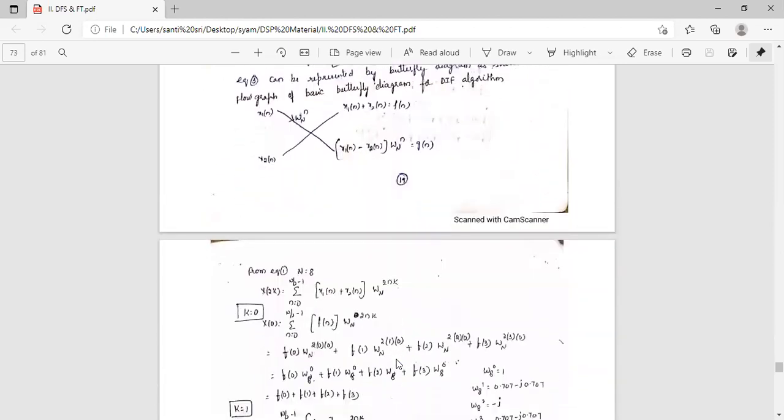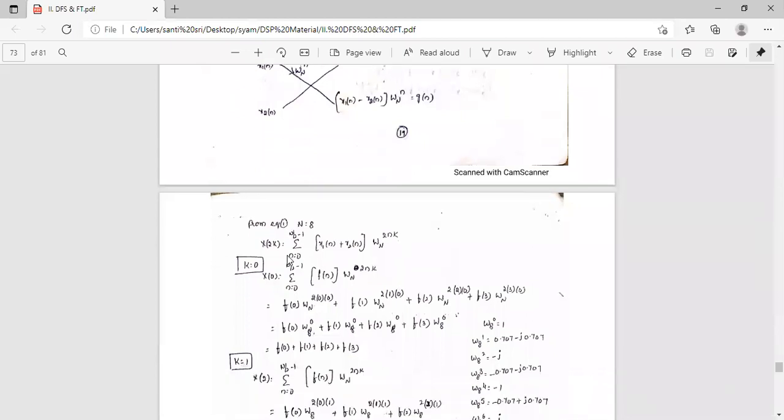So from equation number 1, x of 2k is sigma n equal to 0 to N by 2 minus 1 of x1 of n plus x2 of n and W_N power 2nk. If you take N is 8, here k is varying from 0 to N by 2 minus 1. N by 2 is 8 by 2, that is 4, minus 1, that is 3.